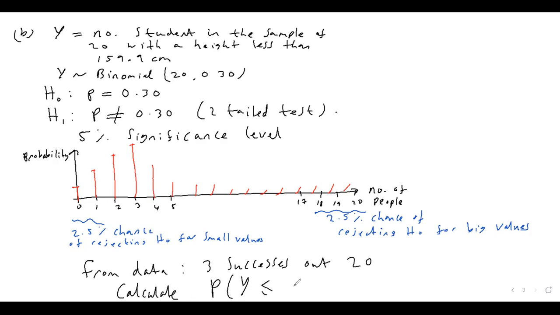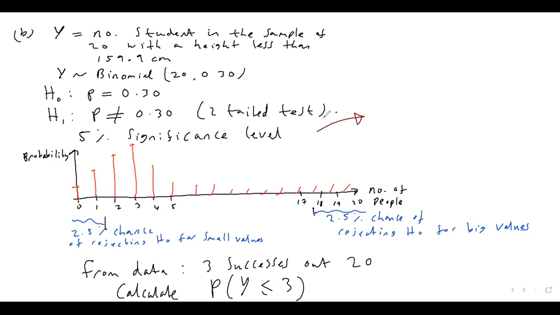Remember, we've got this 5% chance of rejecting the null hypothesis. We're dedicating half of that chance to small numbers of successes and half to big numbers of successes.